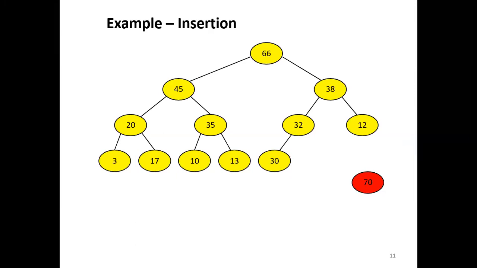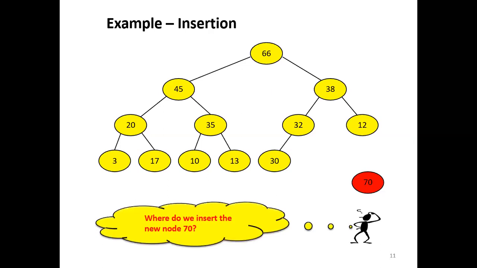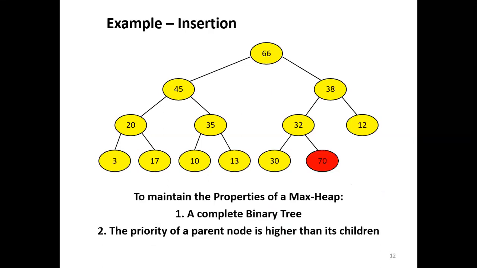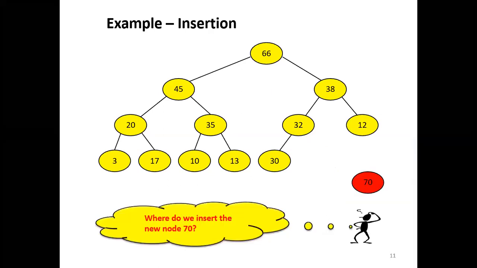Now, we want to insert an element 17. So where do we insert the element? First, the element must be inserted at the lowest level, and this is the lowest level.